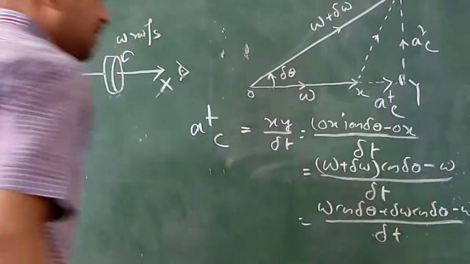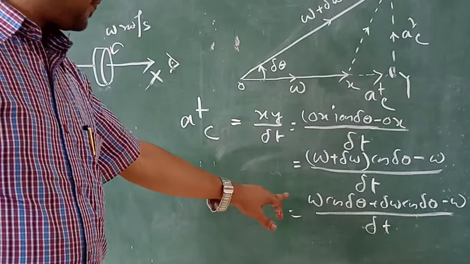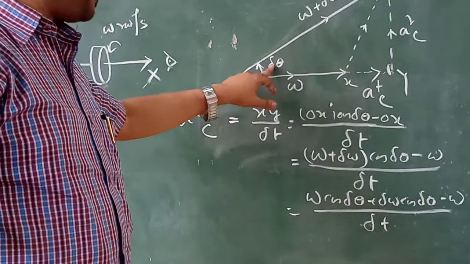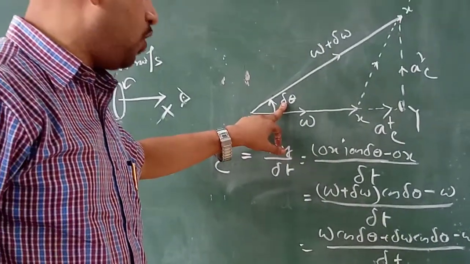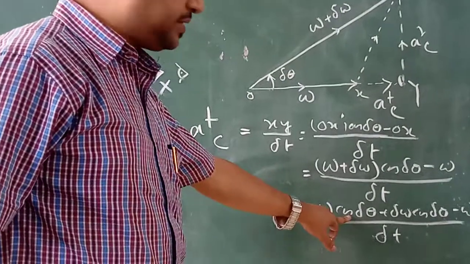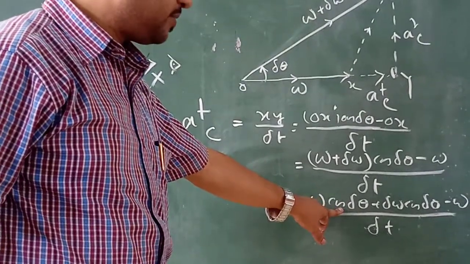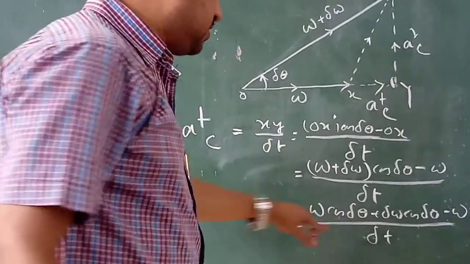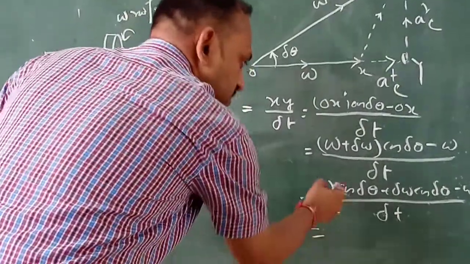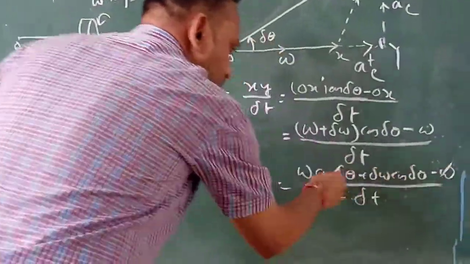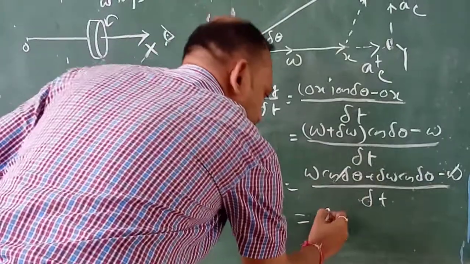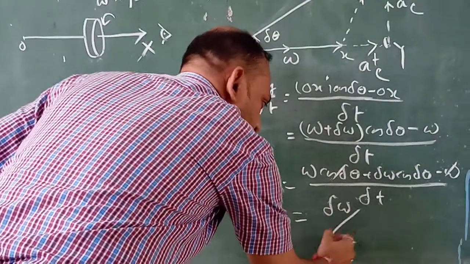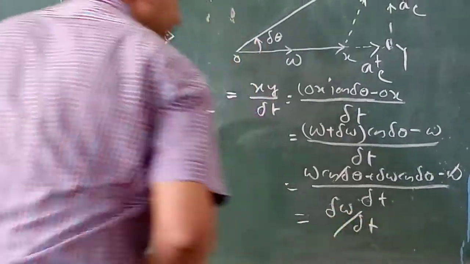Now, as the magnitude of del theta is very small, cos del theta tends to 1. So this becomes omega minus omega, these two components get cancelled, and this is simply del omega by del t.